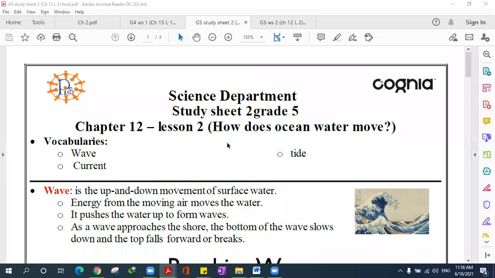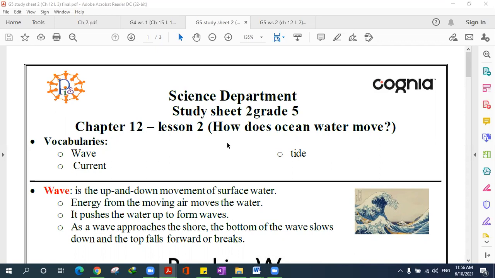Okay, guys. So as we continue the revision today, we'll do a quick review over chapter 12, lesson 2, talking about how does ocean water move. Yesterday we talked about the different features of the ocean floor. If you guys remember that: plains, slopes, trenches.